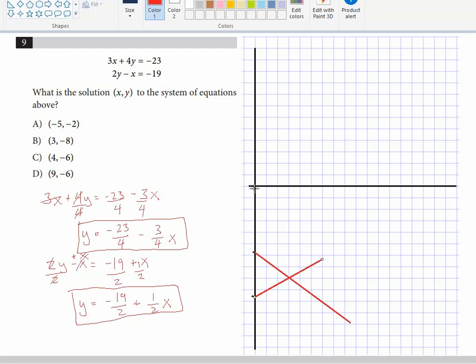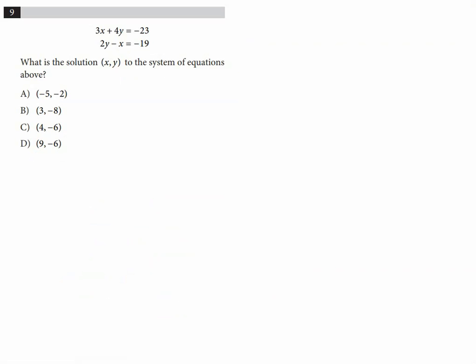X equals 1, 2, 3, and y is negative 8. 1, 2, 3, 4, 5, 6, 7, 8, which gives us answer B.